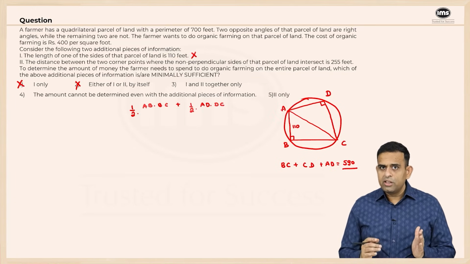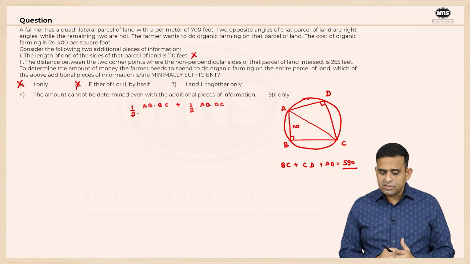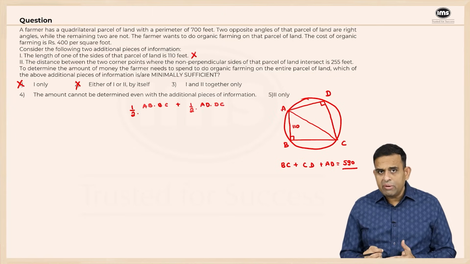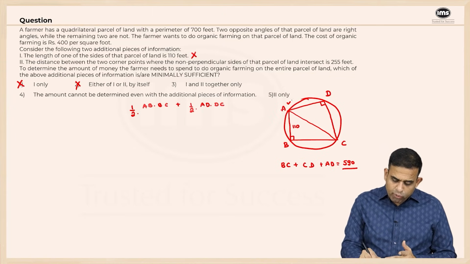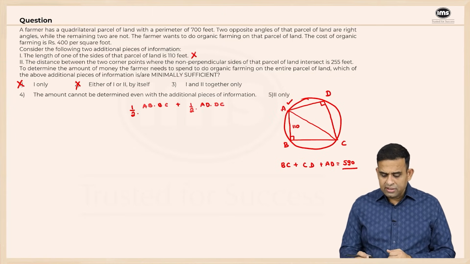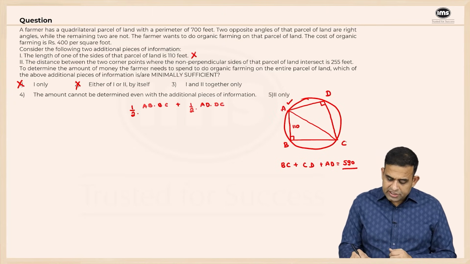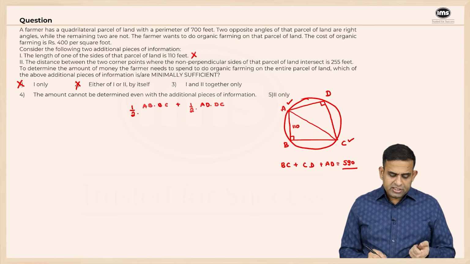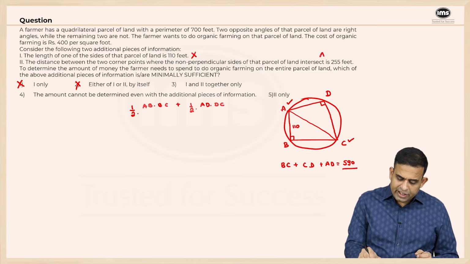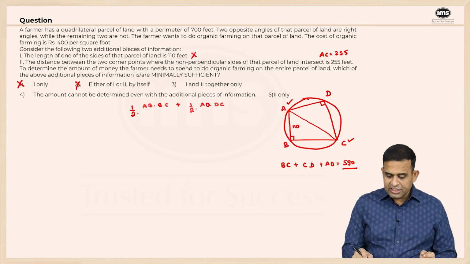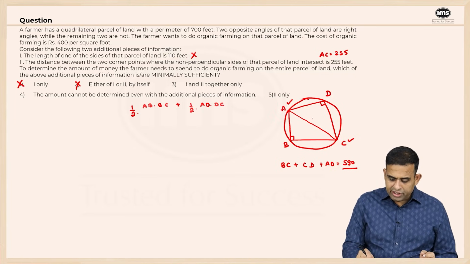Understand, if you look over here, the two non-perpendicular sides are AD and AB, which meet at point A, and CD and CB, which meet at point C. So the second statement is saying the length of AC is equal to 255. The length of AC is known to you as 255.